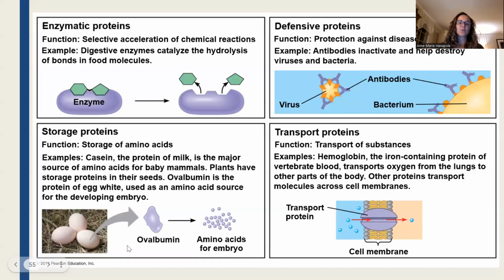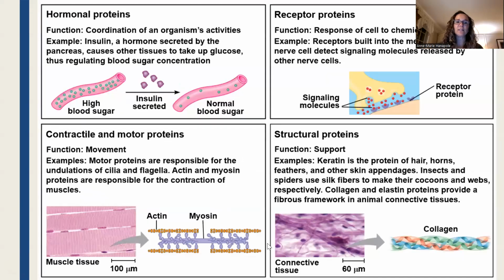So we've got some proteins that form and function as enzymes, so they speed up chemical reactions. We've got ones that work in our immune system to help fight off infection. We've got storage proteins like in our eggs. We've got transport proteins that help move things into and out of the cells. And we'll talk about a lot of these when we get to later units.